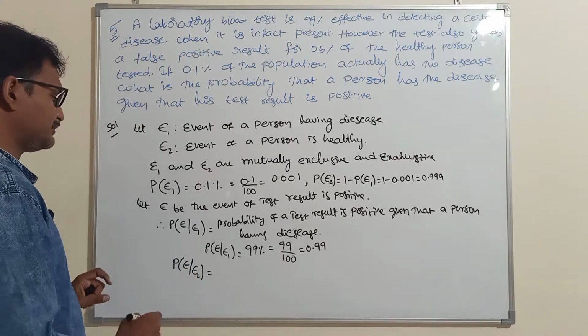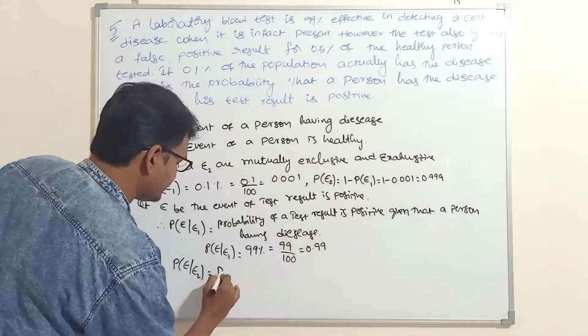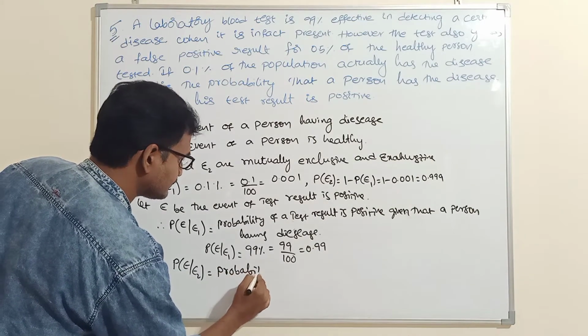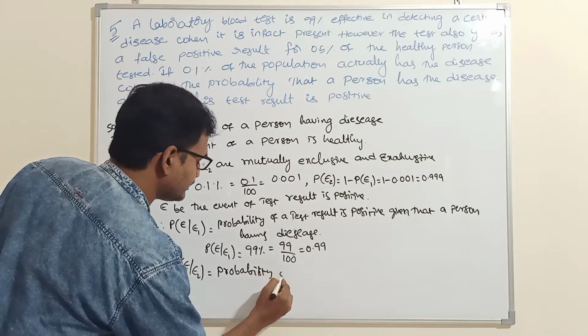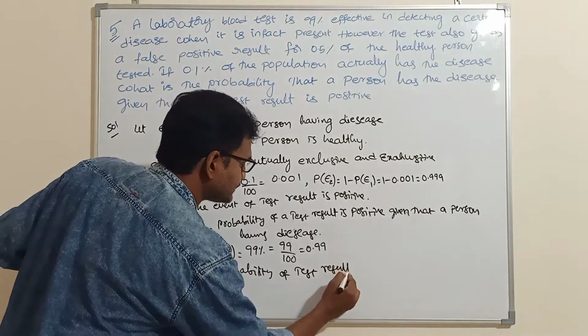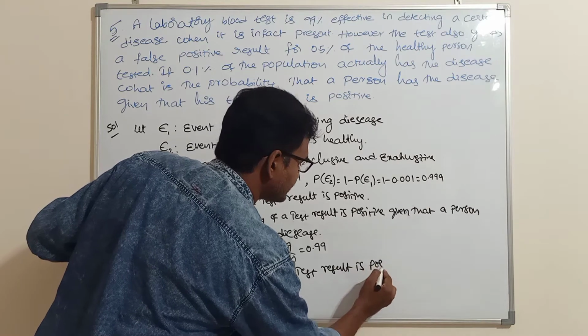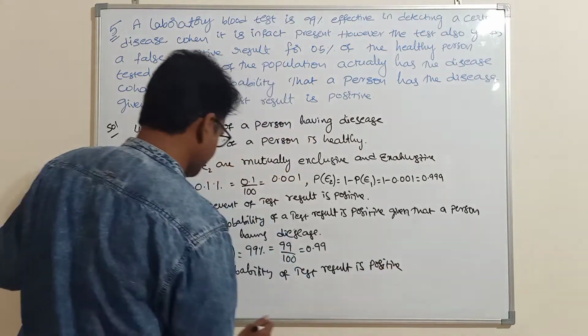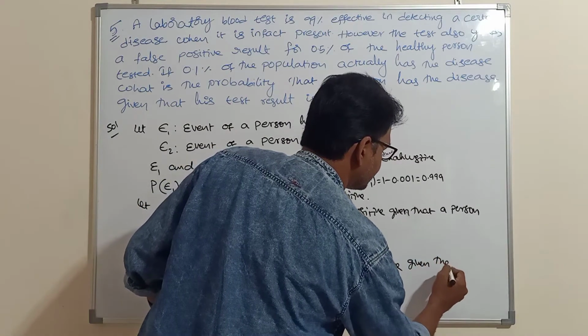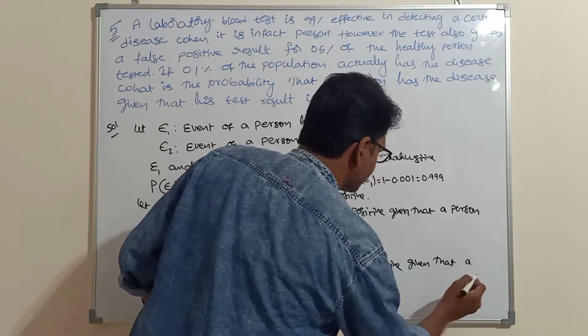Similarly, P of E given E2. P of E given E2 is equal to probability of test result is positive given that a person is healthy.